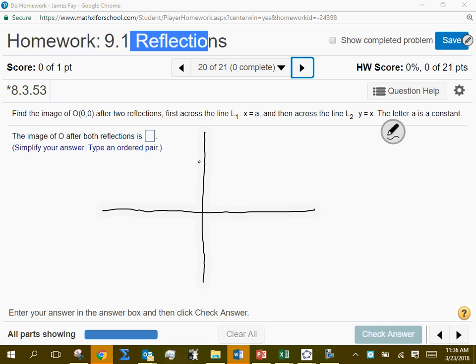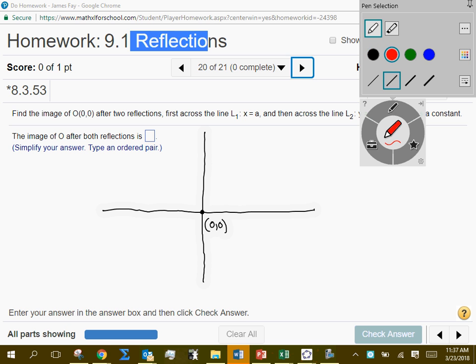Okay, and this is referred to as analytical geometry. And we've talked a little bit about this before, but with analytical geometry, one of the most convenient points for us is 0, 0. That's the nicest thing. We're going to reflect this across the line x equals a. Now, here's the thing. We don't know what a is, right? A is just some arbitrary value.